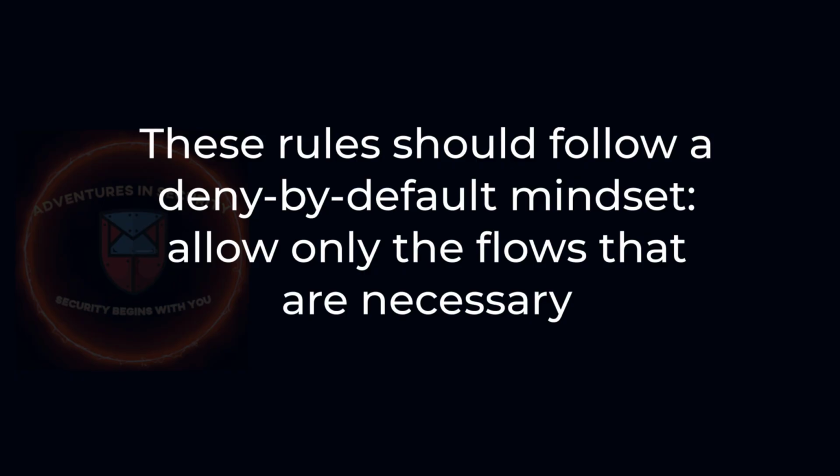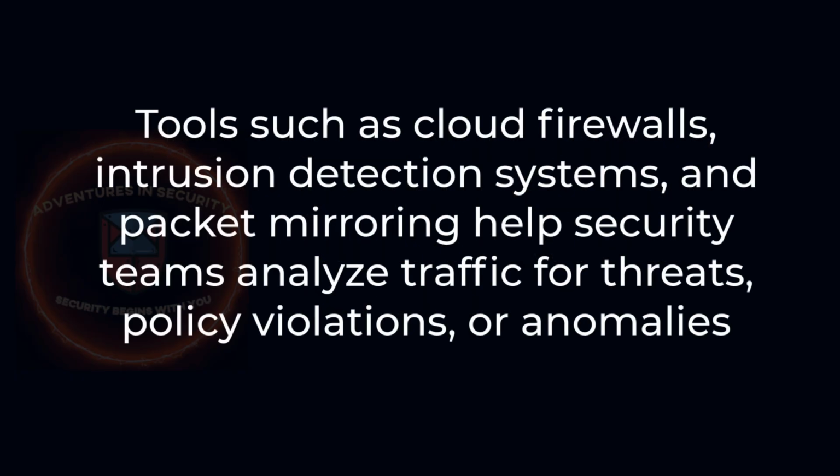Traffic inspection adds another layer. Tools such as cloud firewalls, intrusion detection systems, and packet mirroring help security teams analyze traffic for threats, policy violations, or anomalies. Google Cloud's packet mirroring guidance shows how mirrored traffic can be sent to inspection appliances for deeper analysis.